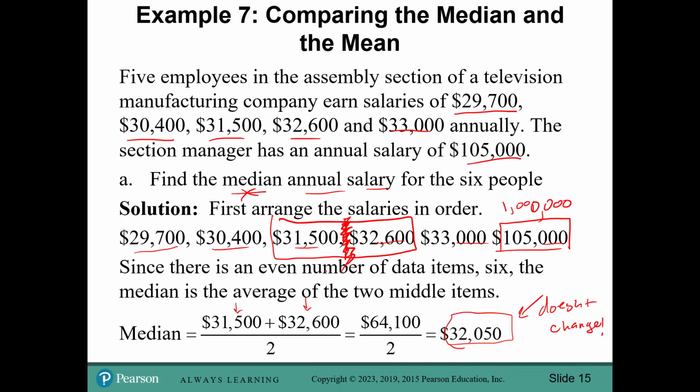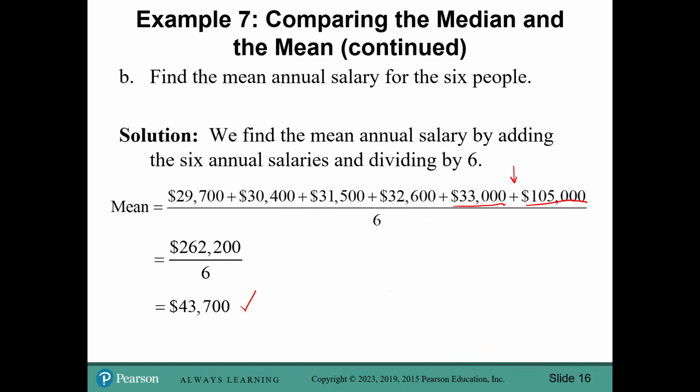So that guy being so much more doesn't have any effect on this, but it's going to have a pretty big effect on this because it appears in my calculation. Instead of 105,000, if I ended up with $1 million here, this would be much higher. So the mean is affected by these big numbers, or ridiculously small numbers could also affect it. But the median is not affected by those values.